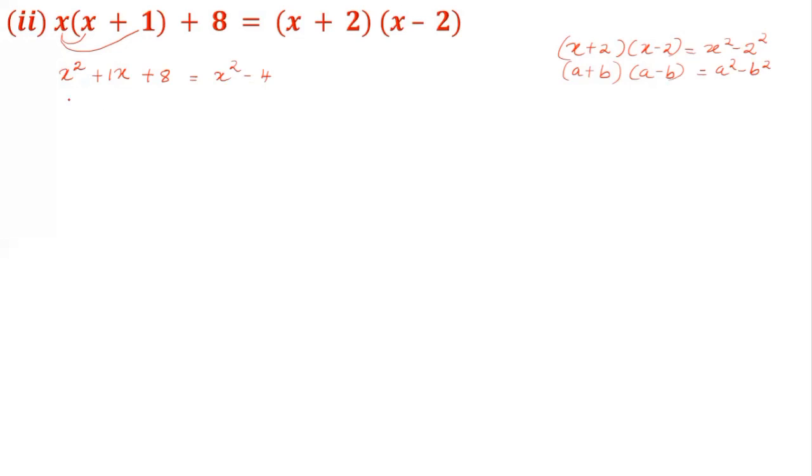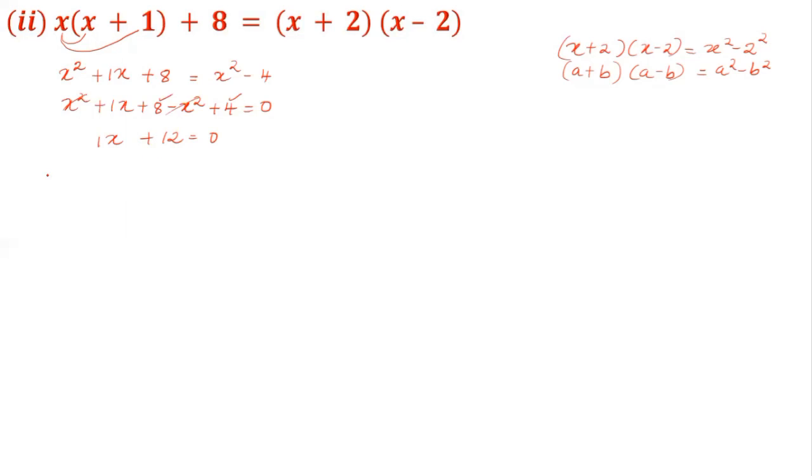Now, it looks like a quadratic equation, but let us simplify further. That is x square plus 1x plus 8 minus x square plus 4 is equal to 0. x square minus x square is 0. So, 1x plus 12 is equal to 0.